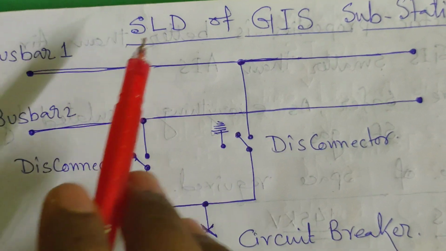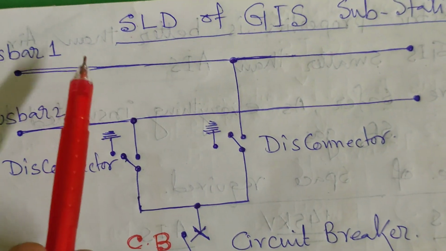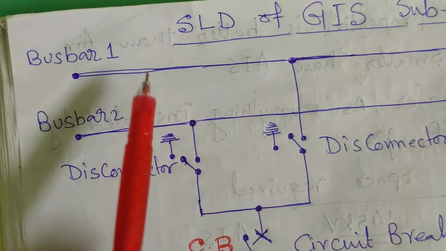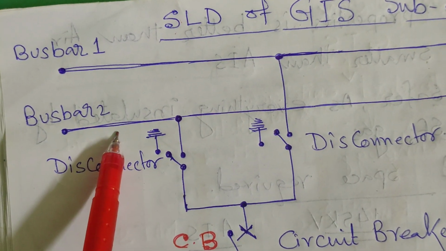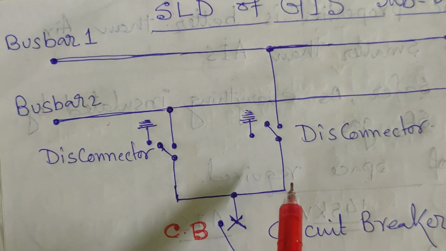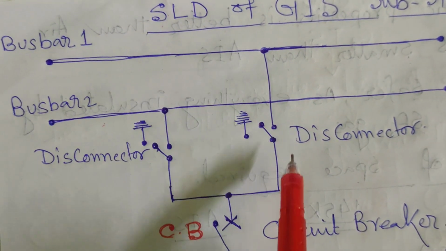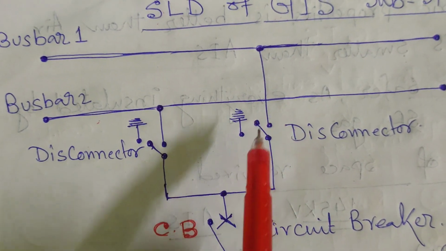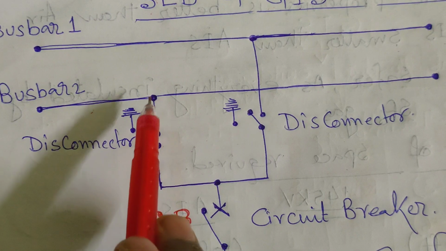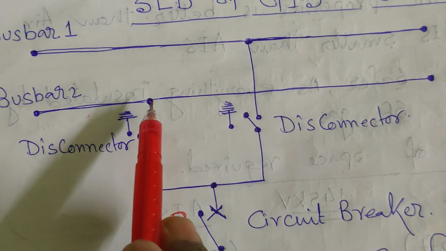In the 220 kV GIS substation, two buses are present, bus 1 and bus 2. Here bus 1, this GIS pipeline, has been connected with this disconnector switch, and this disconnector switch is connected in parallel with the disconnector switch of the main bus 2.